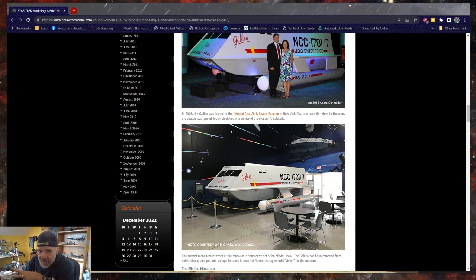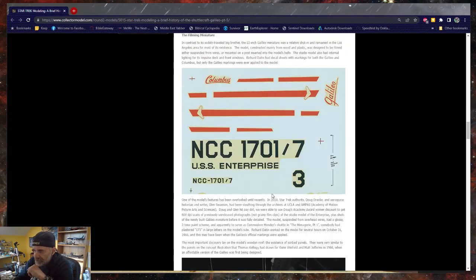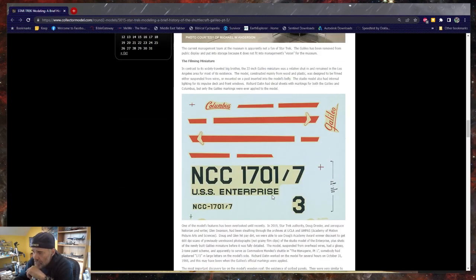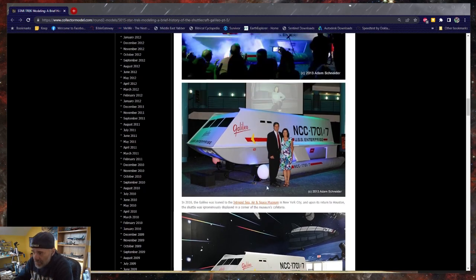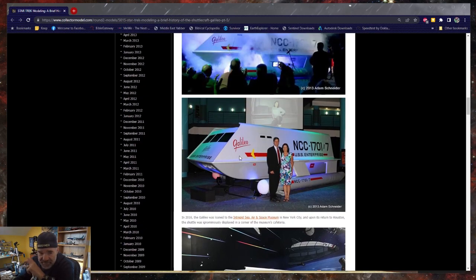It's all shadow, okay? The entire Galileo shuttle was white on the exterior, obviously, with the exception of the red stripes and the black letters and things like that. I understand that, okay? So, this is how it looked after its first restoration.